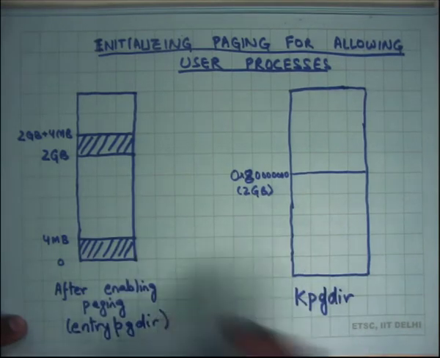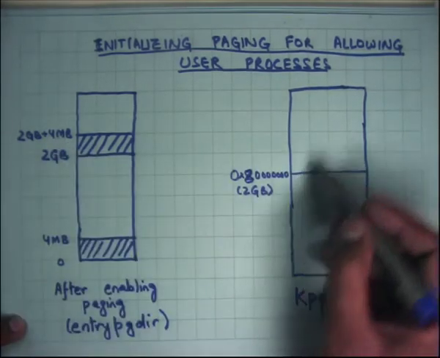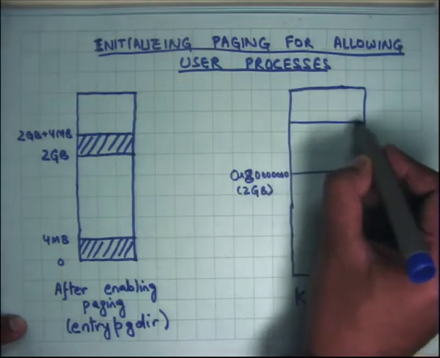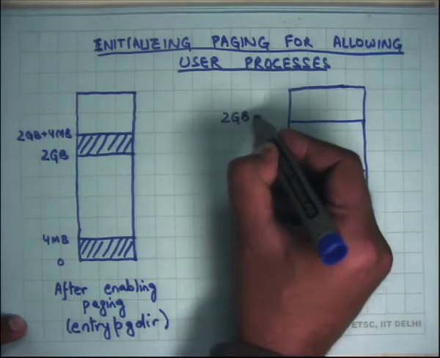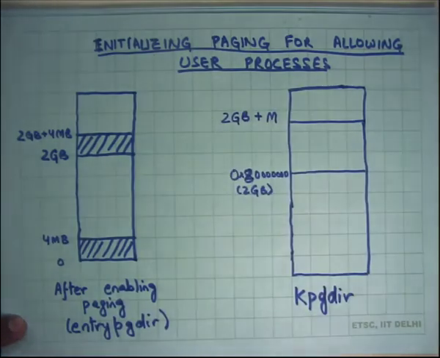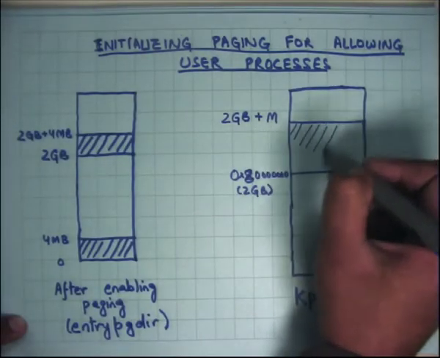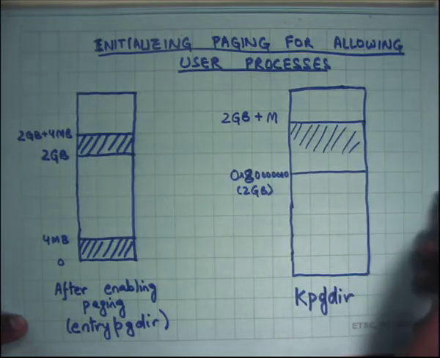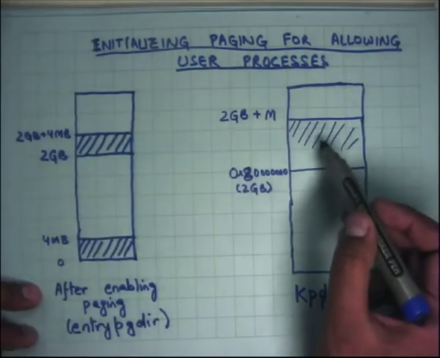Right now it's just 2 GB plus 4 MB, and I'm going to map the entire physical memory from here, 2 GB plus M, and this is entirely going to go to 0 to M in physical memory. How we're going to do it, we're going to look at the code later, but let's just see what we want. We want to map the entire physical memory here.